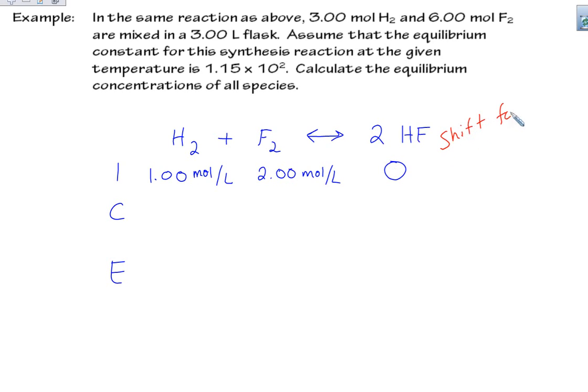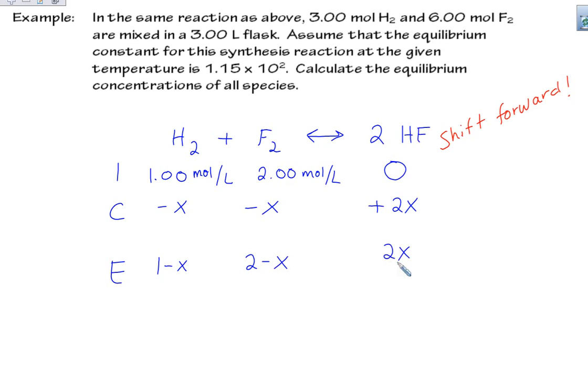And again, we don't know by how much, but we can plug it in as x. So these will go down by x, minus x. This will go up by 2x. So then at equilibrium, we'll have 1 minus x, 2 minus x, and this will just be 2x.